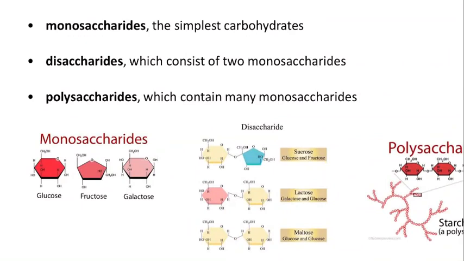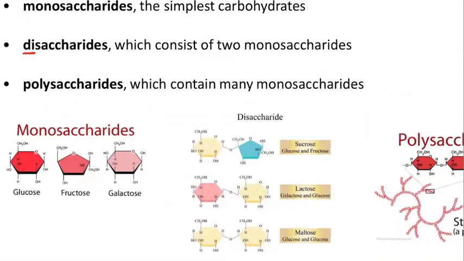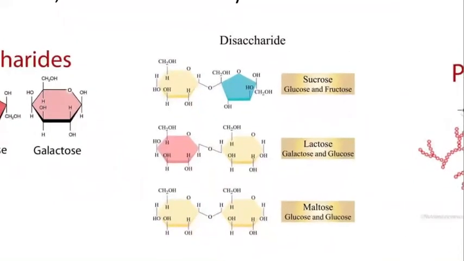disaccharides. Like the name says, the prefix di, which we learned previously in chapter 4 when we learned to name organic compounds, represents 2. That's why disaccharides consist of 2 monosaccharides. We can see here examples of disaccharides. There is sucrose, which is what we know as table sugar.